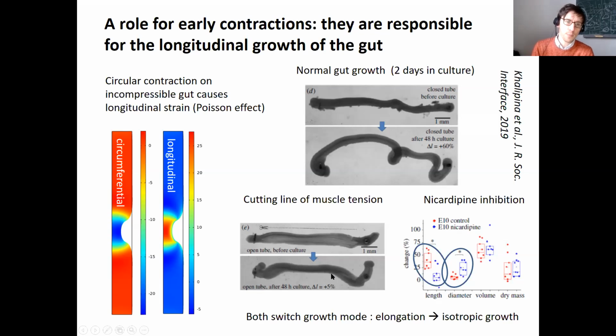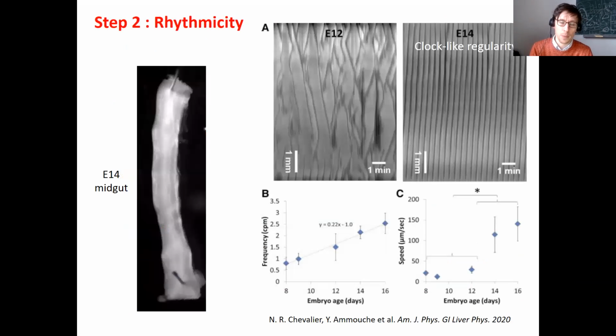So we understand that by considering that the embryonic gut has a very small lumen. So actually when circular contractions compress the gut, they will cause a Poisson effect, which will cause a longitudinal strain component, and that incrementally causes elongational growth, which has recently been shown to be mediated by the protein YAP.